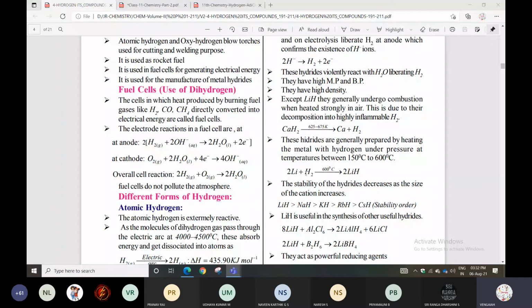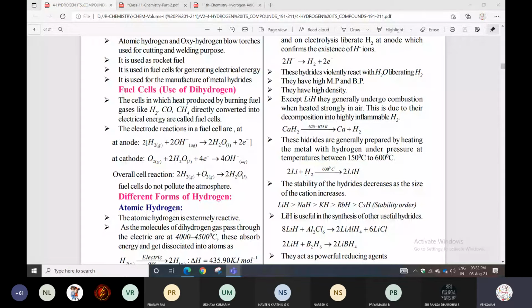Lithium hydride is useful in the synthesis of other useful hydrides.